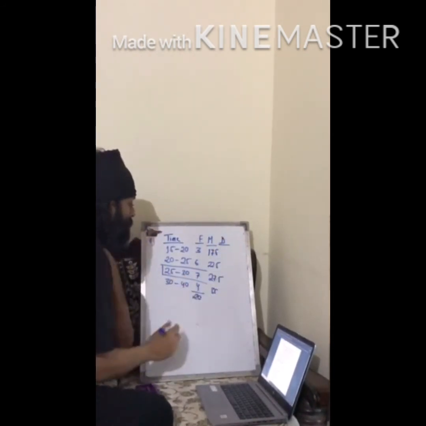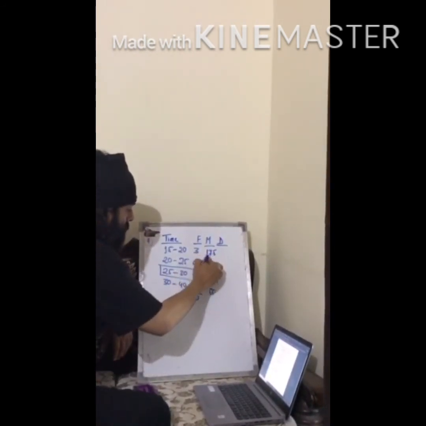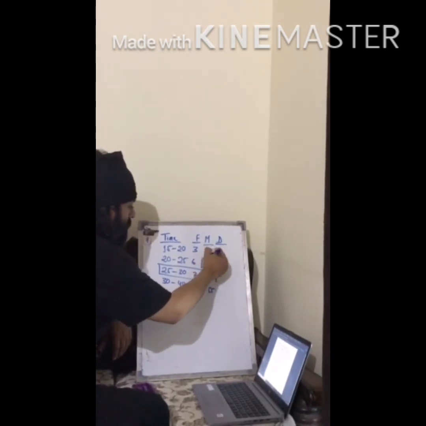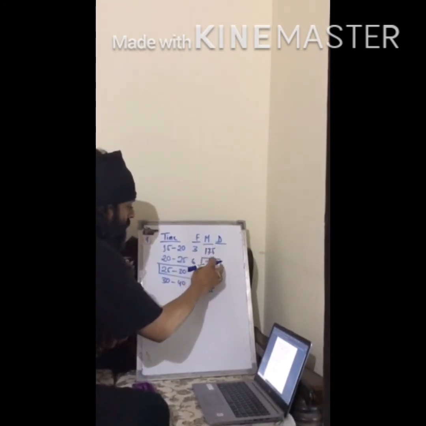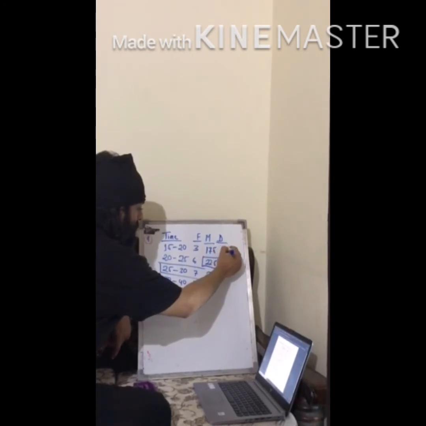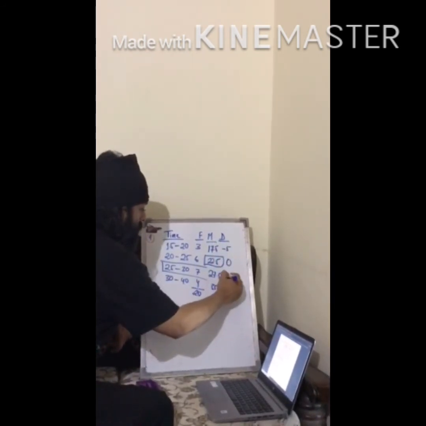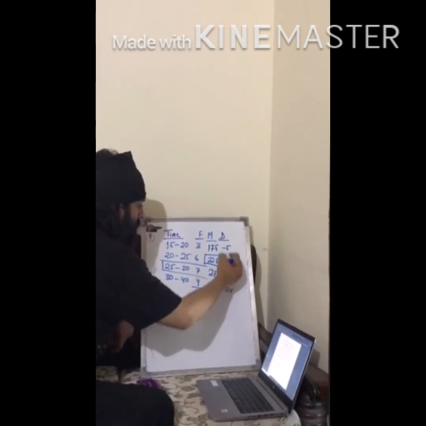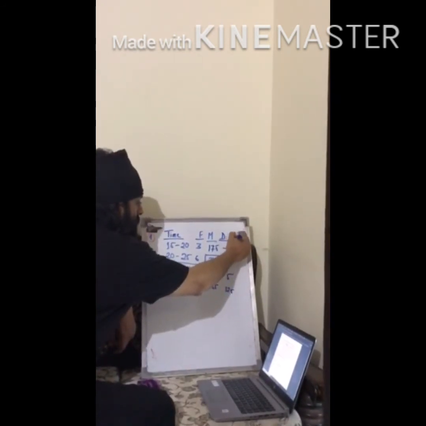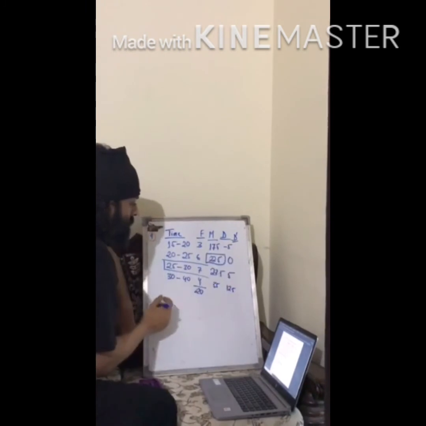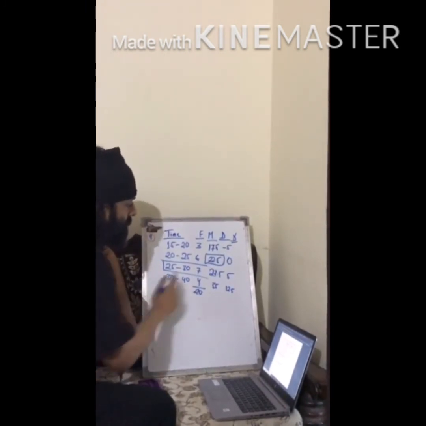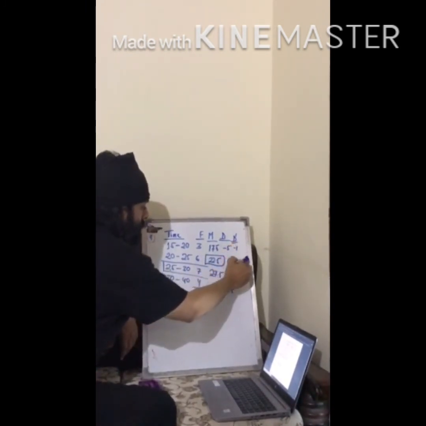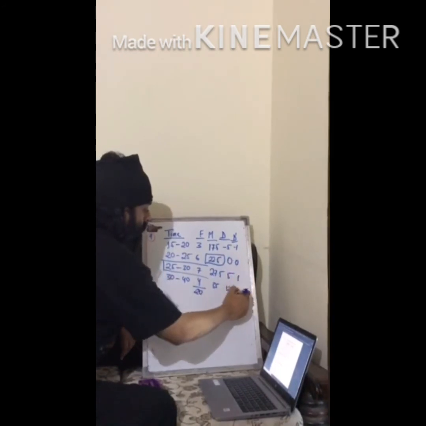Deviation. What is the assumed mean here? We are taking 22.5 to be the assumed mean. What is the deviation? 17.5 minus 22.5 is minus 5, 0, 5, and 12.5. What is d dash? We are taking the common factor to be 5. So d dash is minus 1, 0, 1, 2.5.